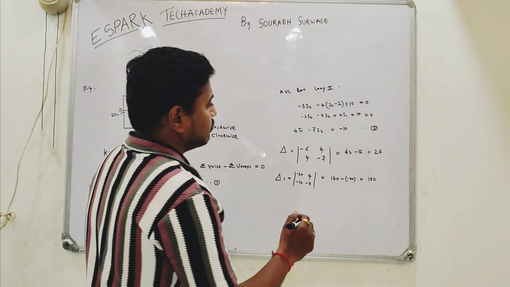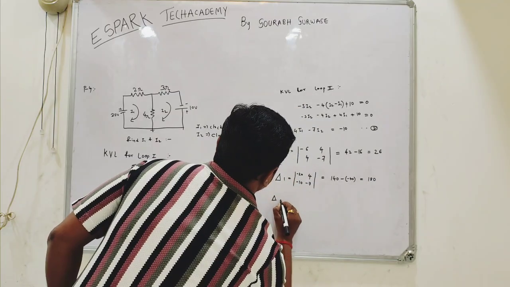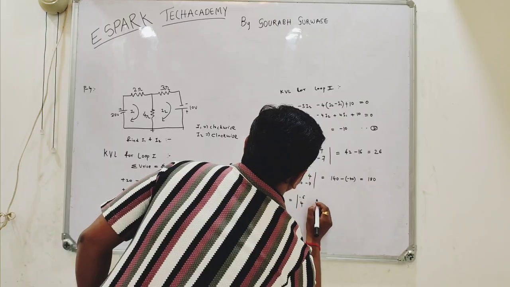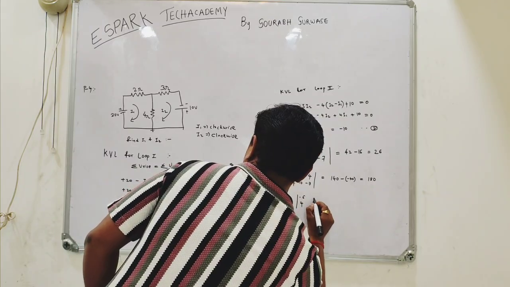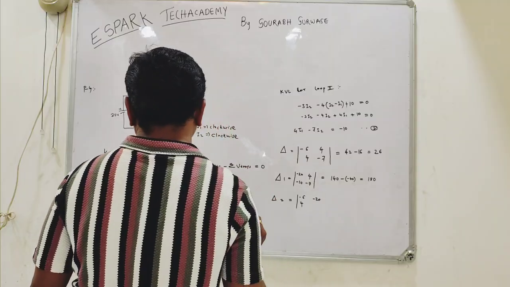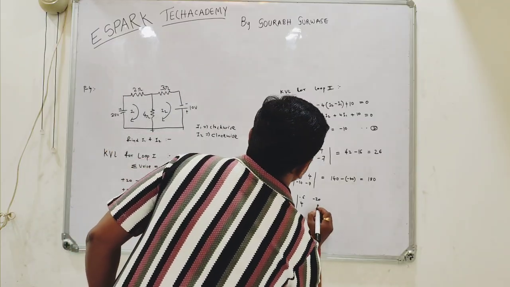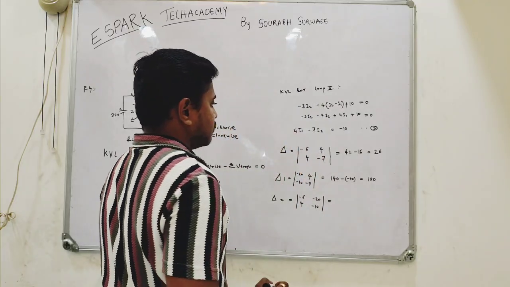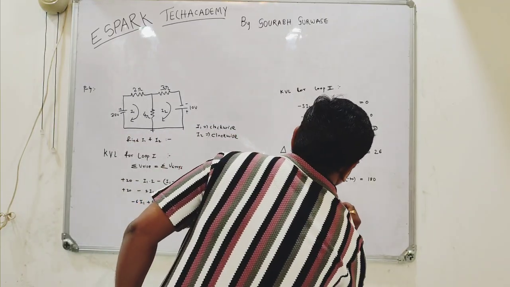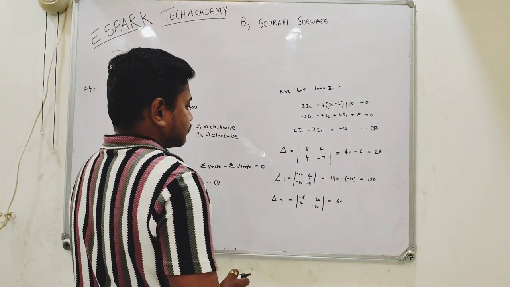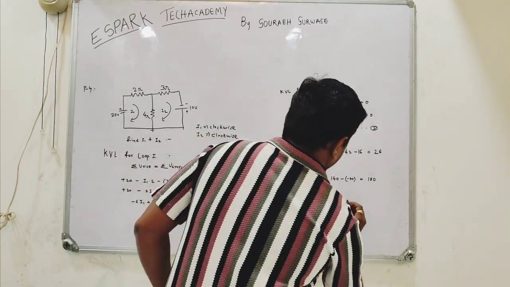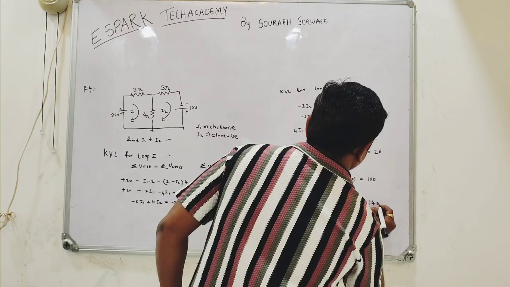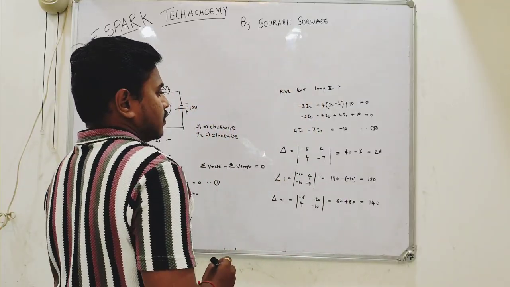Now for calculating delta 2, what you will do, minus 6, plus 4, here we will replace this with minus 20 and minus 10. In the same way you will solve, minus 60, it will be only 60, plus 80, it will be 140.